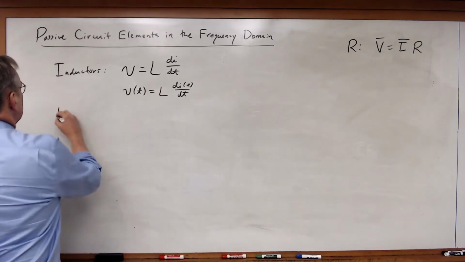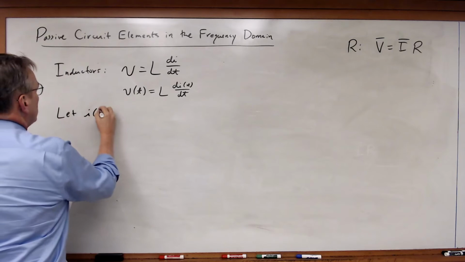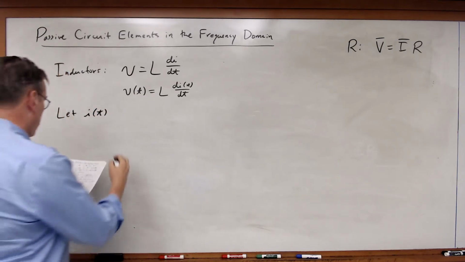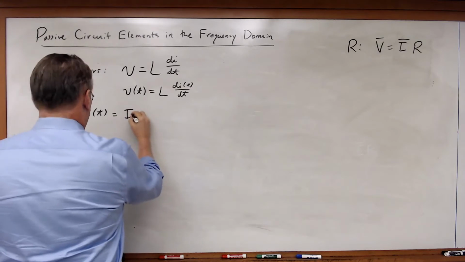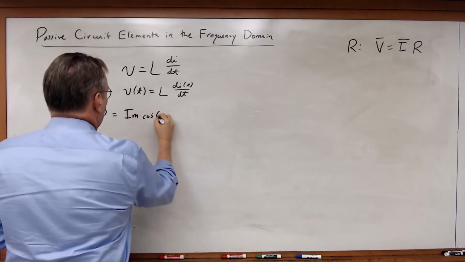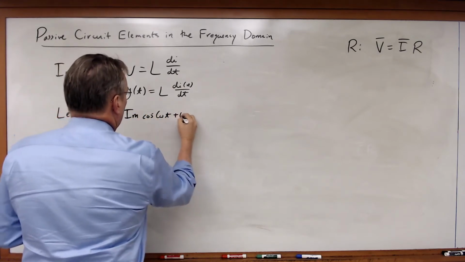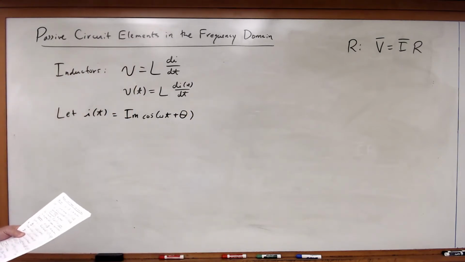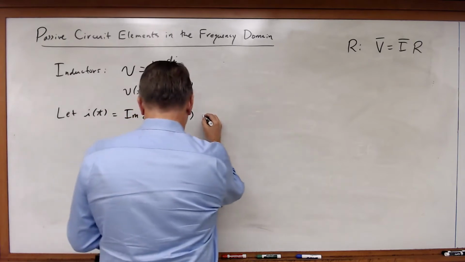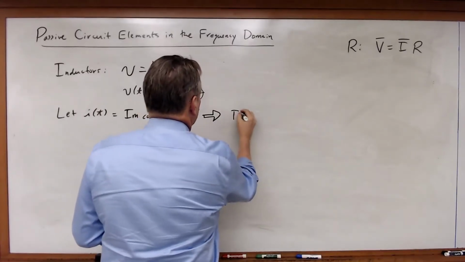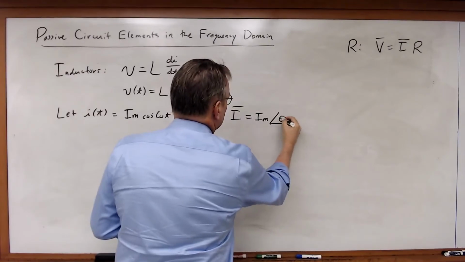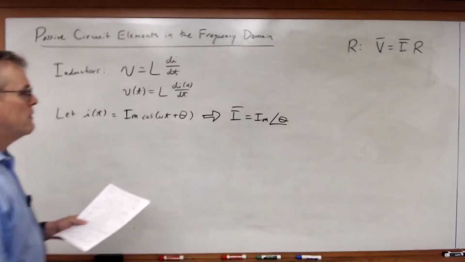And once again, we're going to assume that the current is a sinusoid, where I is equal to Im times cosine omega t plus theta. And once more, we can transform that into a phasor with a magnitude of Im and a phase angle of theta.